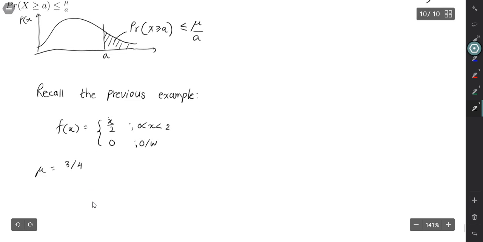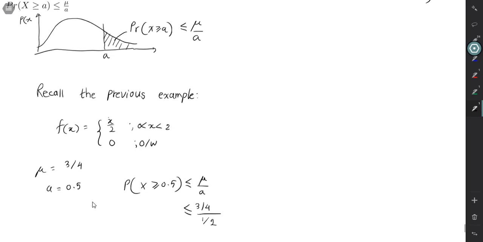For any a, since the support is from 0 to 2, let's say our a is 0.5. The probability that x is greater than or equal to 0.5 is less than the mean over a, which means it is less than 3 over 4 divided by a, which is 1 over 2. So this is only an upper bound that you get for a probability.